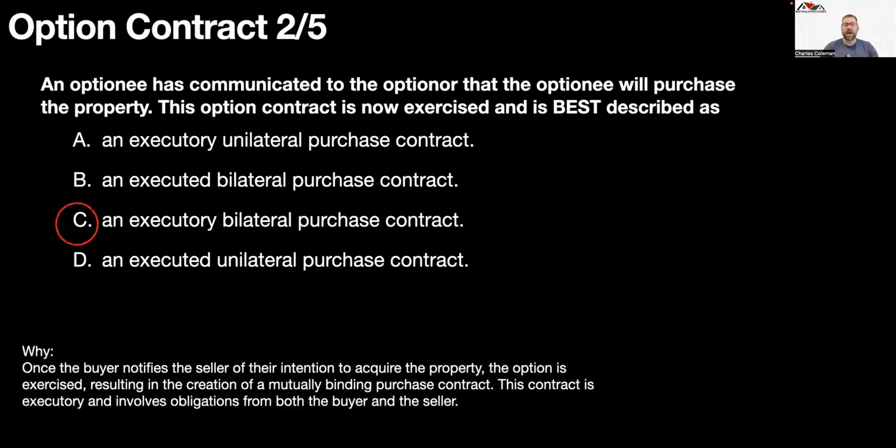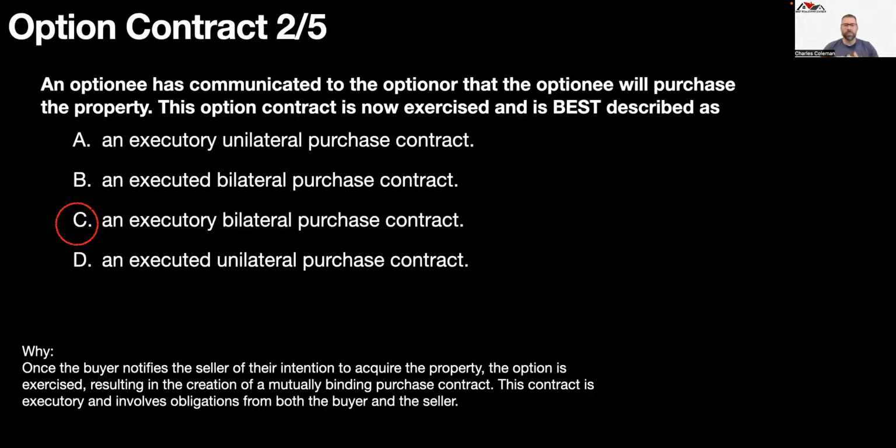Once the buyer notifies the seller of their intention to acquire the property, the option is exercised, resulting in the creation of a mutually binding purchase contract. The contract is executory and involves obligations from both the buyer and the seller.